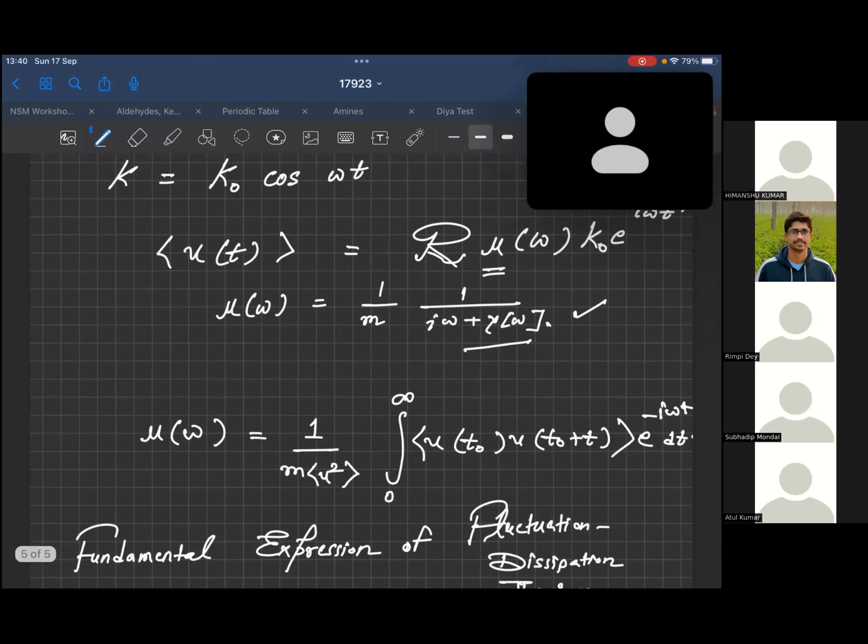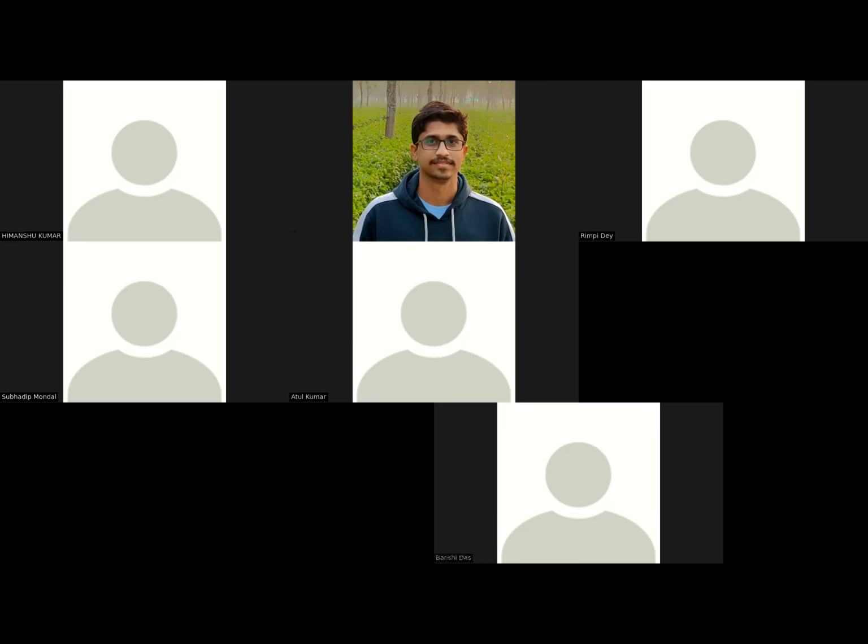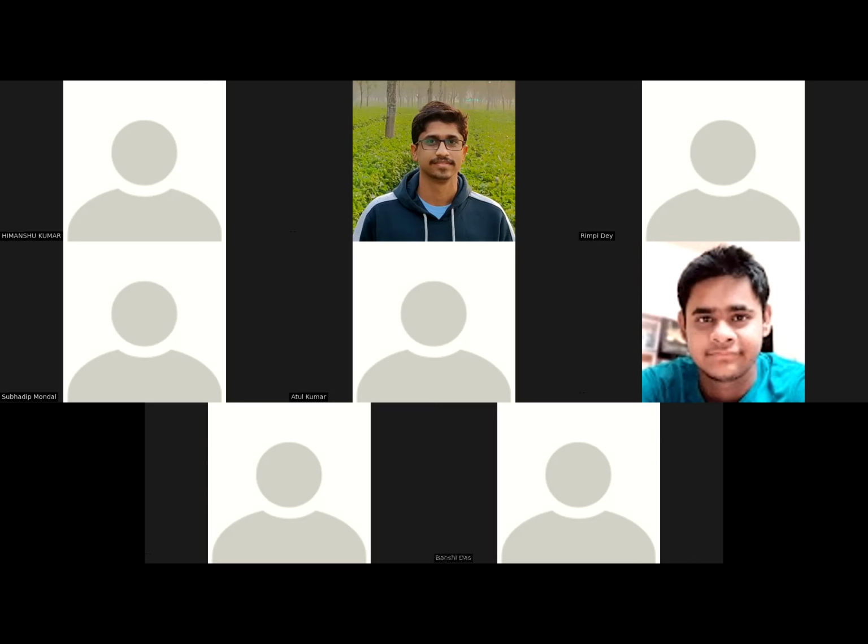Basically I was a little bit wrong, because this is called the first fluctuation dissipation theorem. The main one, which is the relationship between the friction and the noise term, is called the second fluctuation dissipation theorem.